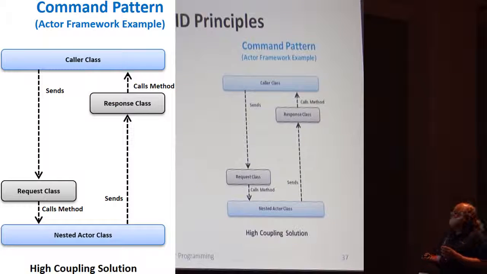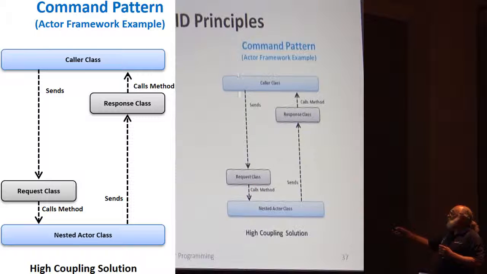Now, in case of the command pattern, this is an actor framework example. What you have is a caller class, which requests something from the nested actors, so it calls a concrete method. This is the high coupling solution, and it's not recommended to use it anymore. And this request message calls directly the nested actor class.